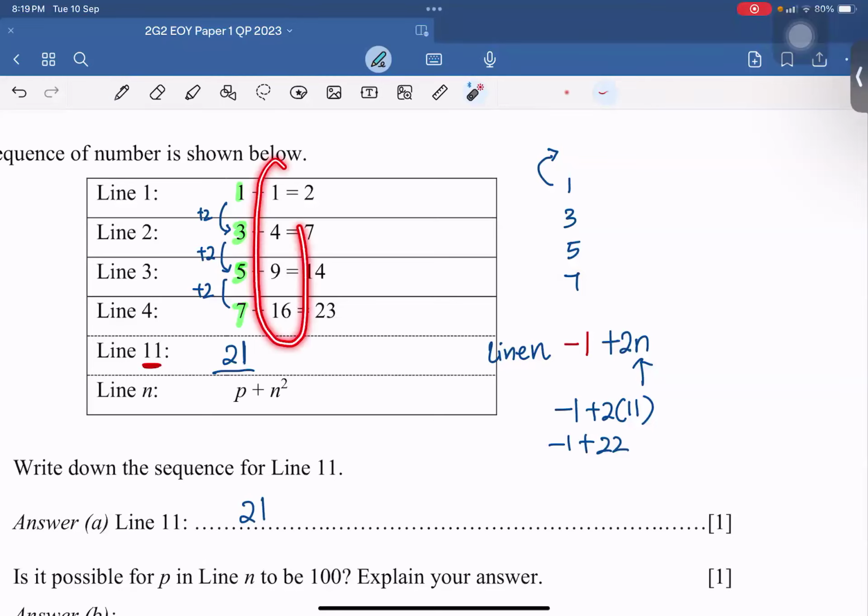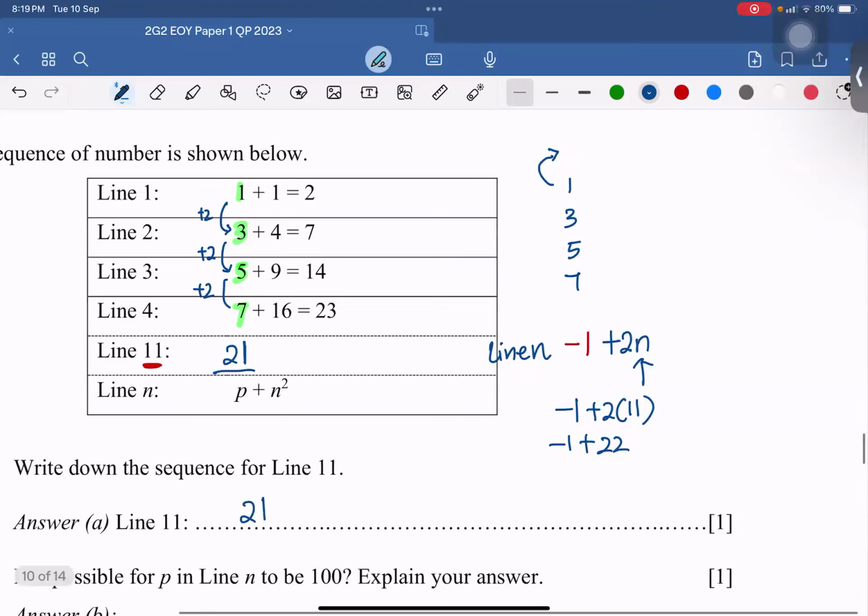Look at this. This is a very special set of numbers: 1, 4, 9, 16. These numbers do not increase by a fixed number. Let's say I do plus 3, the next number becomes plus 5, the next becomes another number.